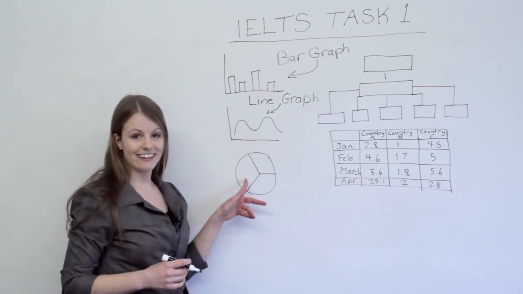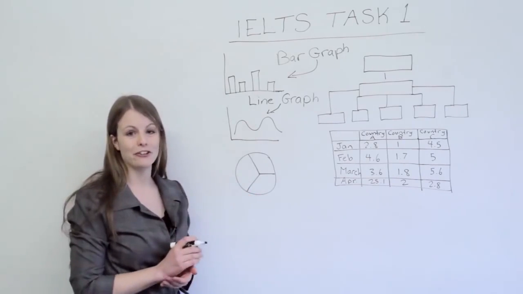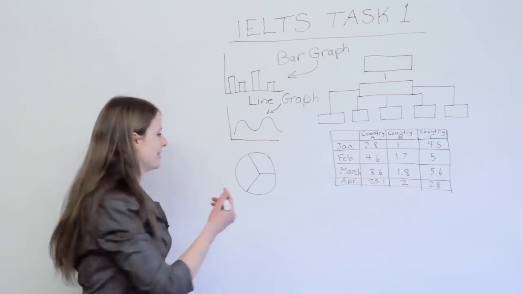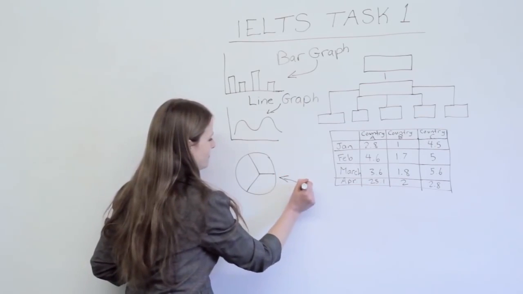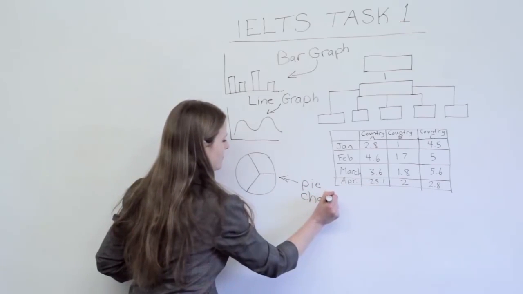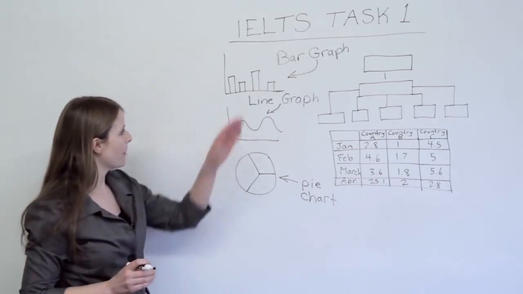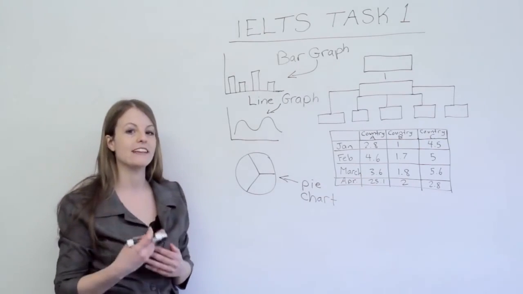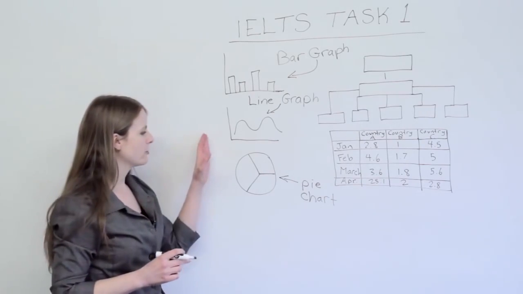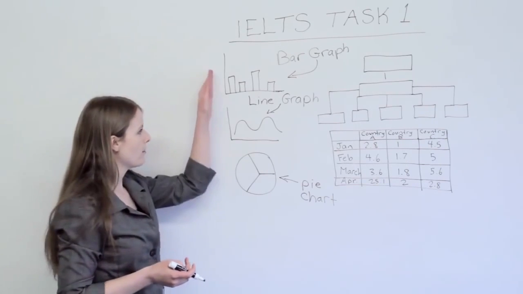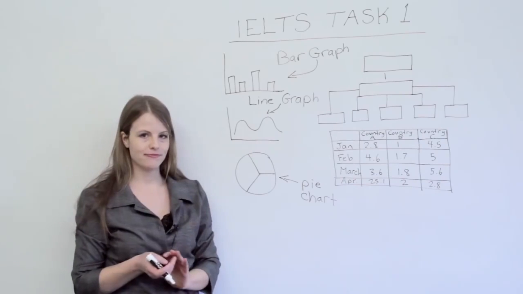This one that looks like a pizza is called a pie chart. So another thing that you might see on Task 1 is a pie chart. So we have a bar graph, line graph, pie chart. Sometimes you may see 2 of these. You may have to describe a pie chart and a line graph, or a bar graph and a pie chart.